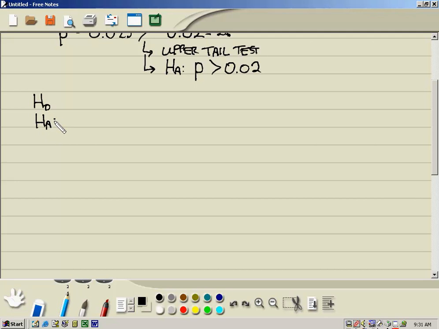We'll write the alternate first since we already have it. P greater than 0.02, and then the null will be the complement of that, p less than or equal to 0.02. If the true proportion is less or equal to 2%, the work is satisfactory. Of course, the alternate is the complement of that, so it is not satisfactory.